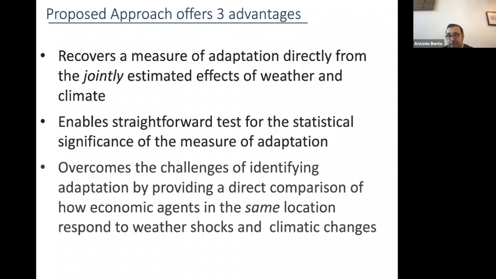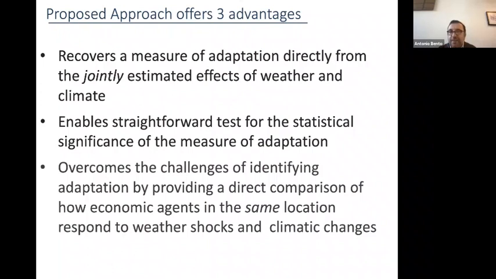And to me, that offers three main advantages in relation to the literature, which is when you estimate the effects jointly, you have a straightforward statistical test for the significance of adaptation.